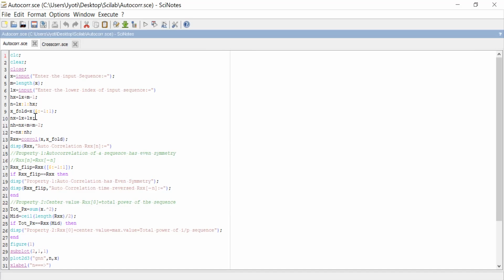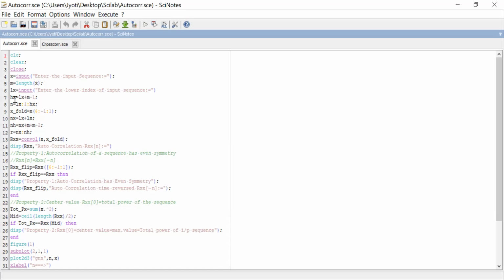Next is nx is equal to Lx plus Lx, and nh is equal to nx plus M minus 2. Then r is equal to nx colon nh. That means r is the range of the autocorrelated sequence, where it will start at nx and end at nh.